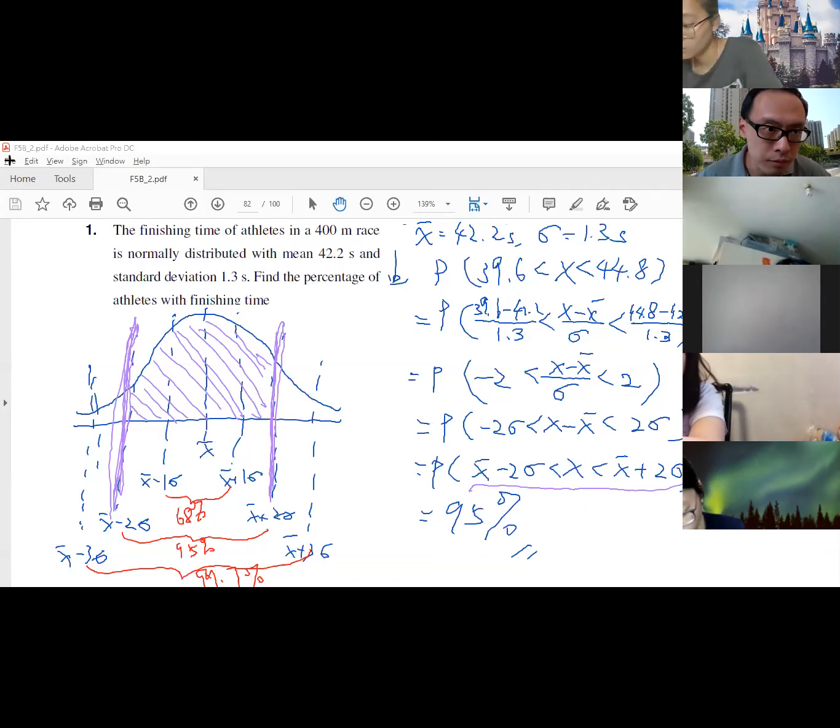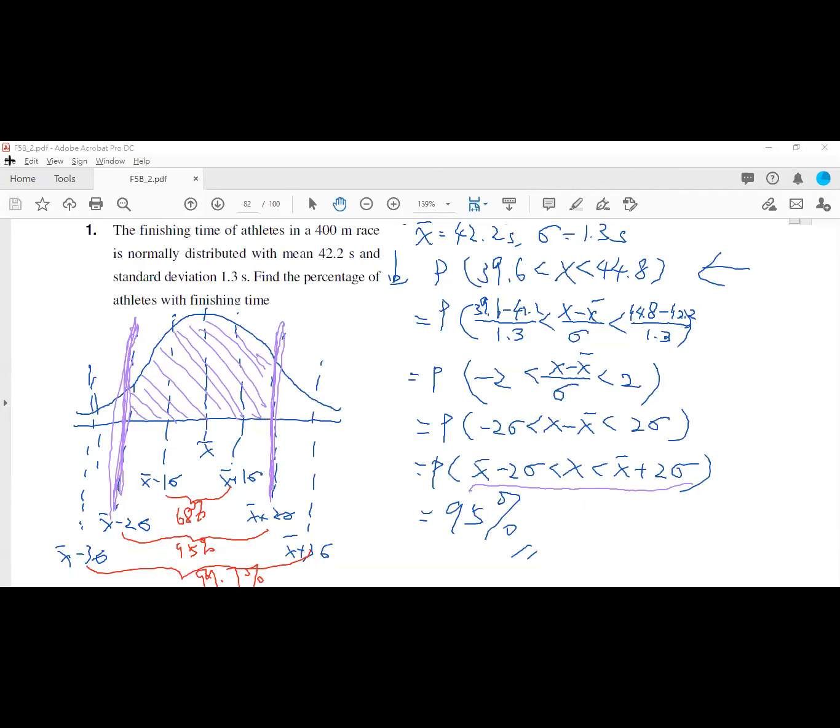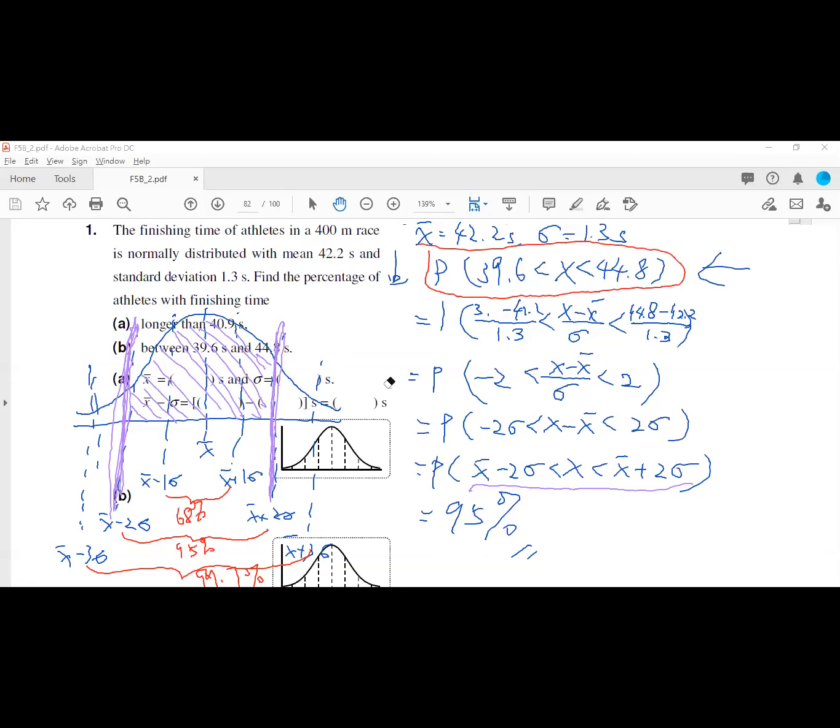The question is between 39.6 and 44.8, right? So I write this line. X is between 39.6 and 44.8. Okay, just copy from the question. This is the first line. It's okay for the first line.